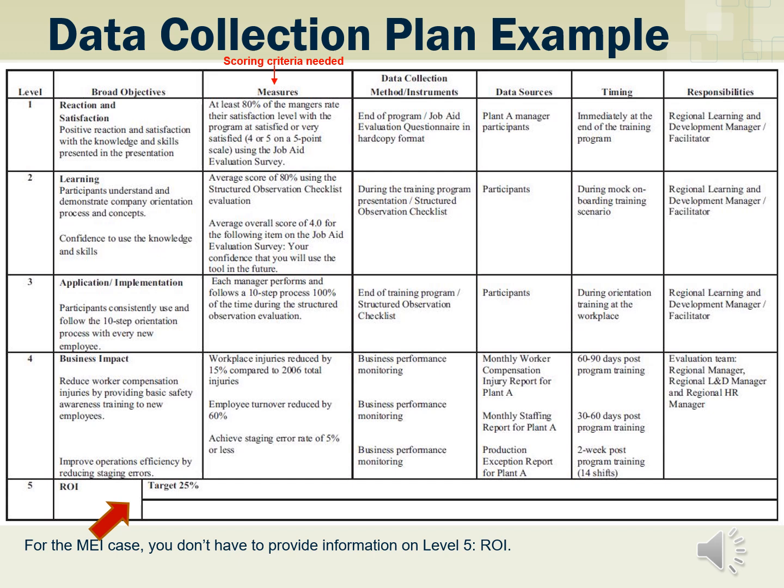The last column, responsibilities. Who will complete each level evaluation? Let's look at the responsibilities for level 3. The Learning and Development Manager is responsible for developing a structured observation tool that includes a job aid.